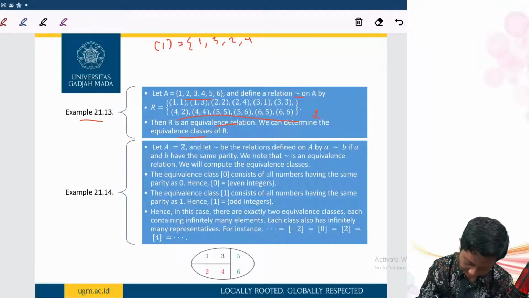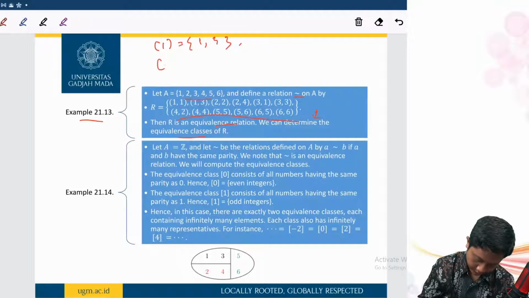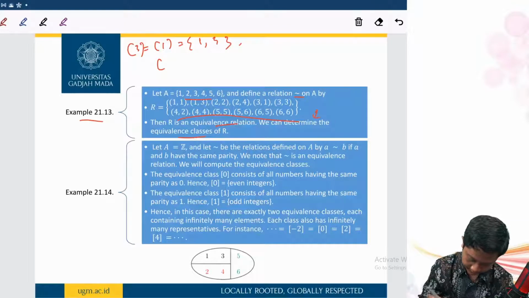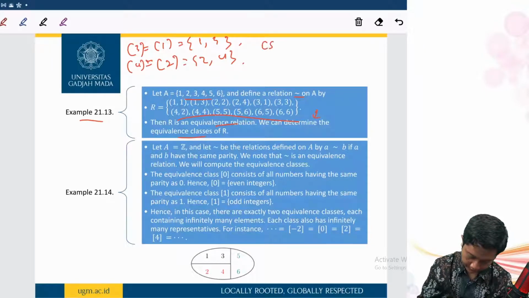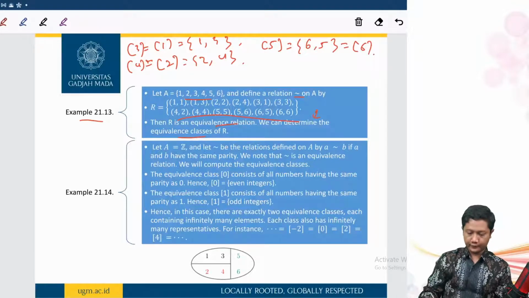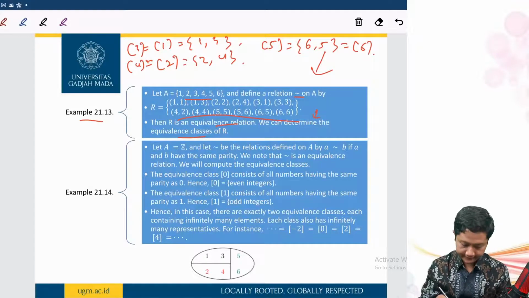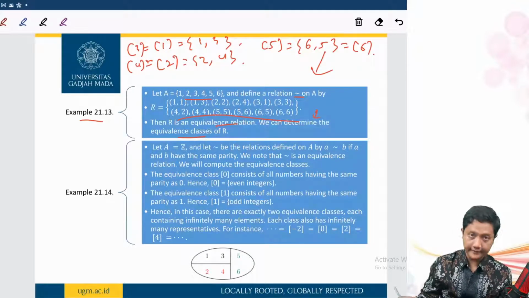Yes, 1 only with 3. So this is also equal to class 3. And class 2 is {2, 4}, so this one is equal to class 4. Then how about class 5? We have 6 and 5. This one is equal to class 6. So that's the equivalence classes of R in A.